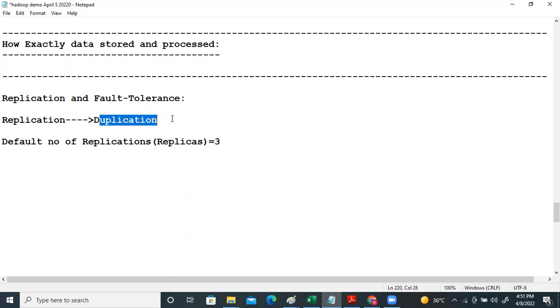Replication means duplication. This replication or duplication you are going to apply to the file or blocks. Blocks. Observe this to understand this replication and fault tolerance.